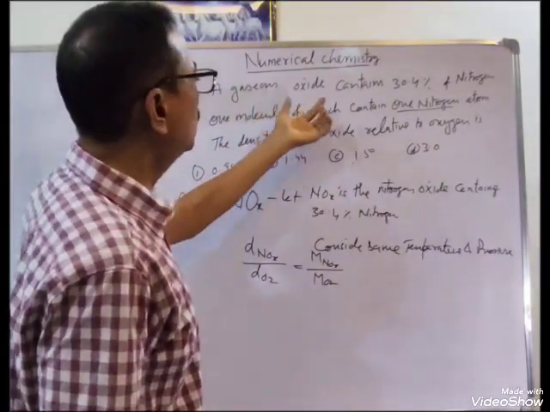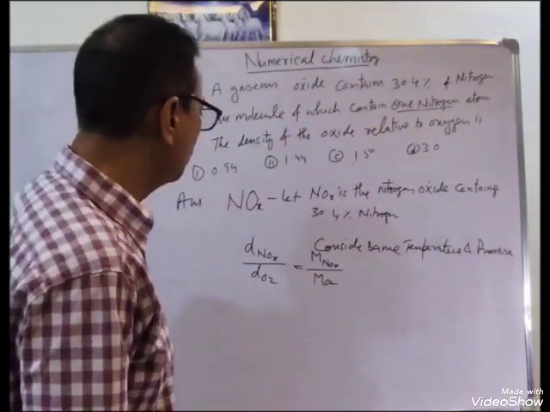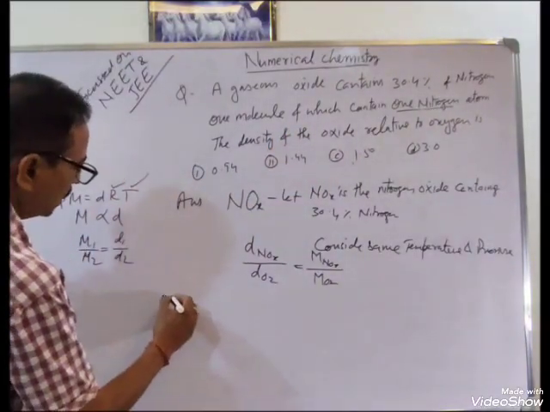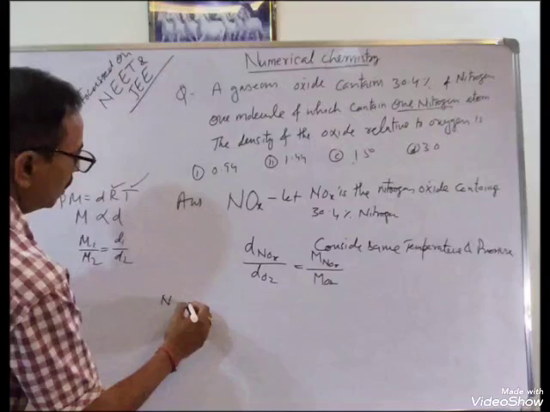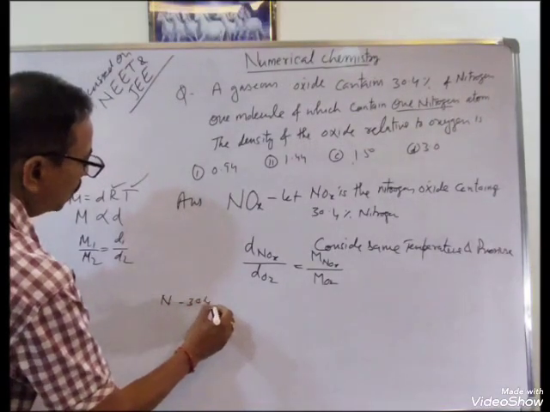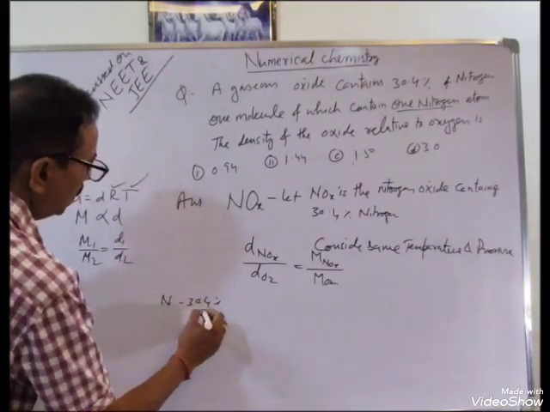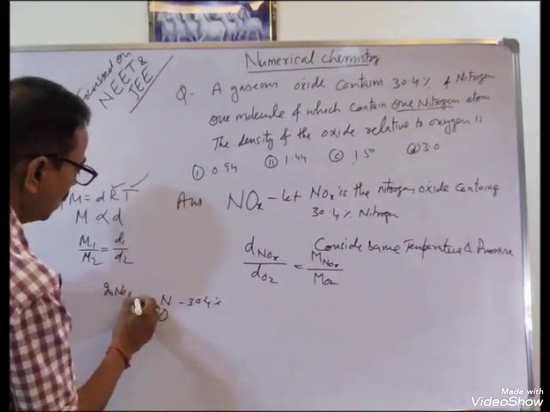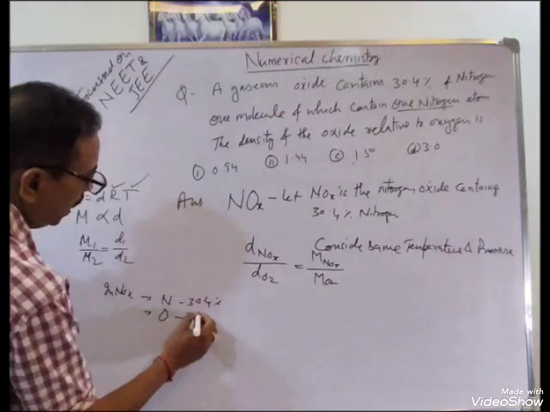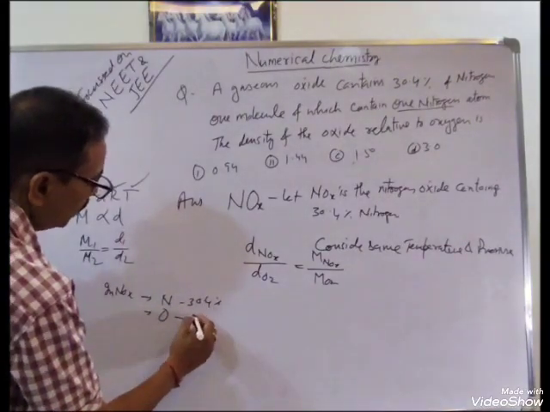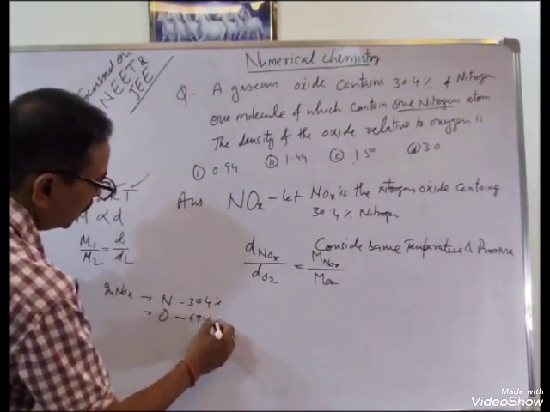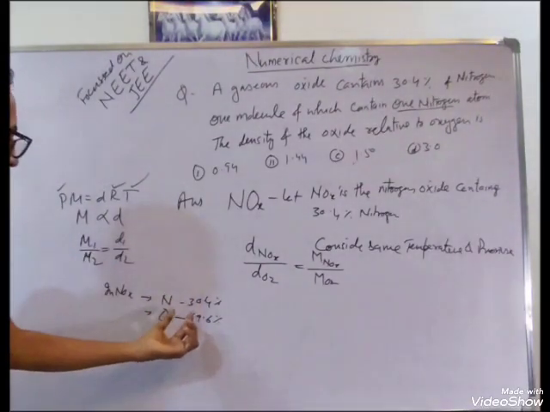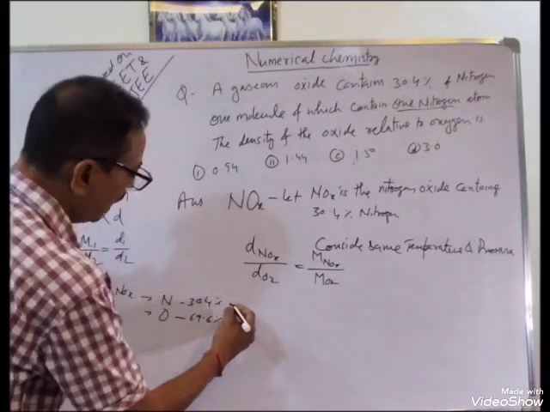So let us see, the nitrogen percent is 30.4%. It means the oxygen in NOx is 100 minus 30.4, that is 69.6% oxygen. If you divide by the atomic weight, you will get the number of atoms.